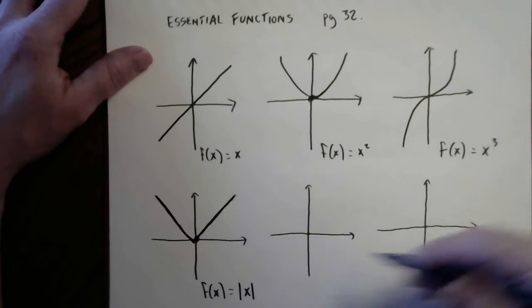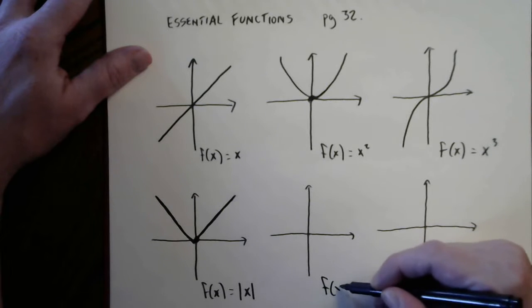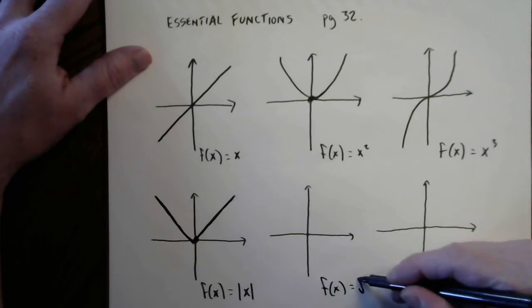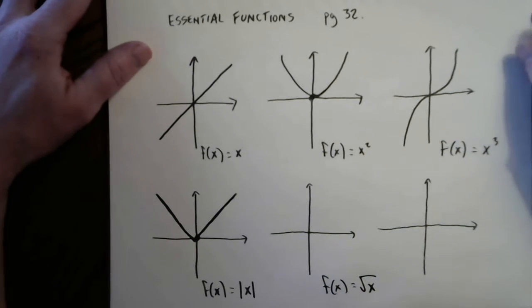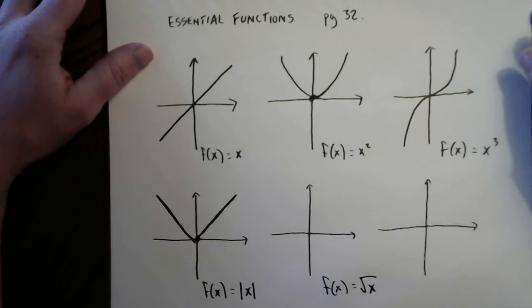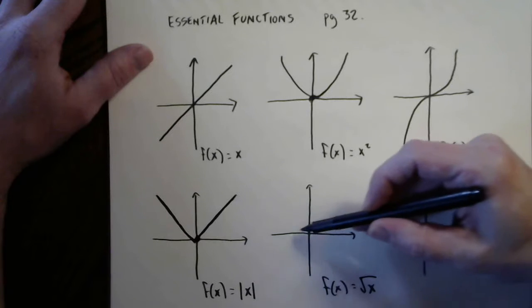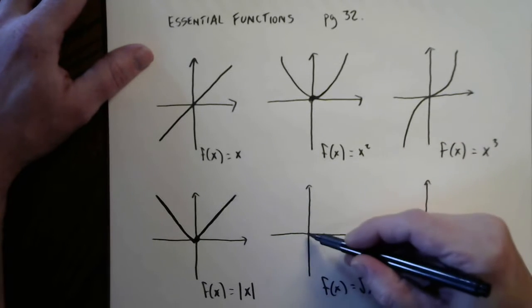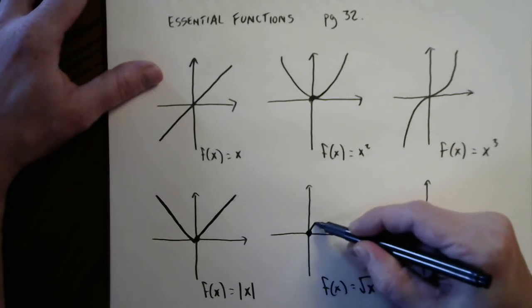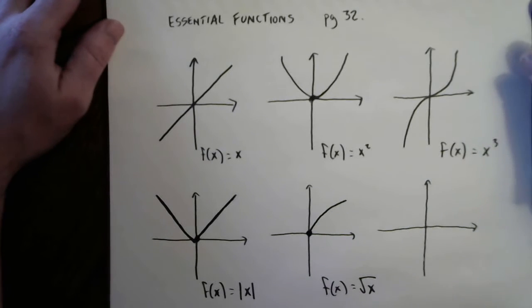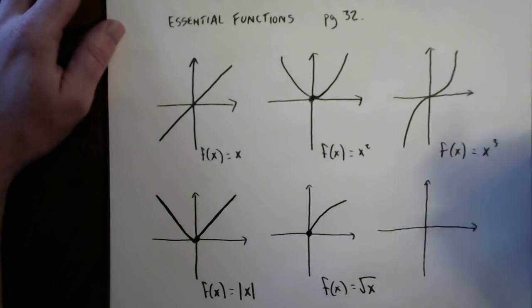That's not the case with the next 2. f of x is root x. There are no negative values available for this function, so the graph will start at the origin. It looks like that. It doesn't level off either.